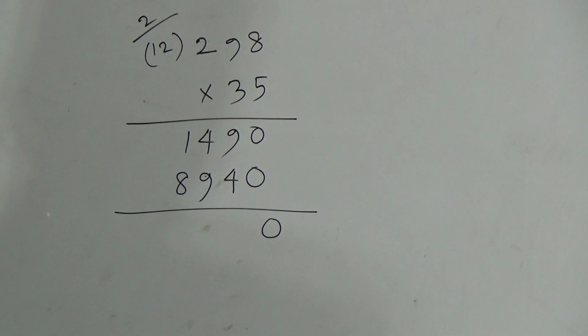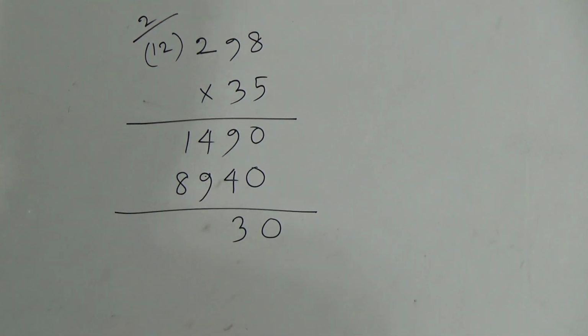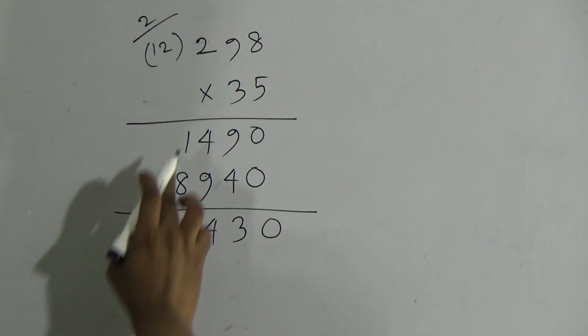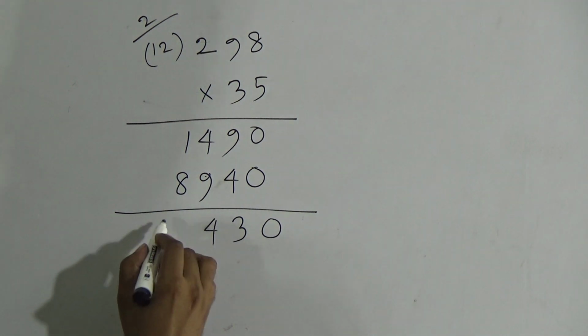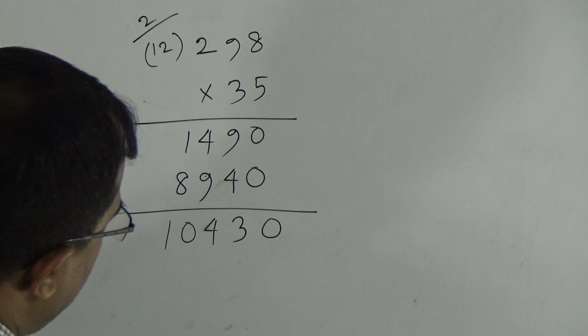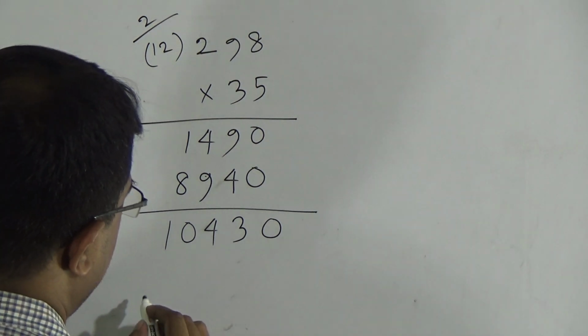Now 0 plus 0, this is equal to 0. And 4 plus 9, this is equal to 13. From 13 we will write 3 carrying 1. 1 plus 9, 10. 10 plus 4, 14. From 14 we will write 4 carrying 1. 1 plus 1, 2, and 2 plus 8, this is equal to 10. So answer will be 10,430.